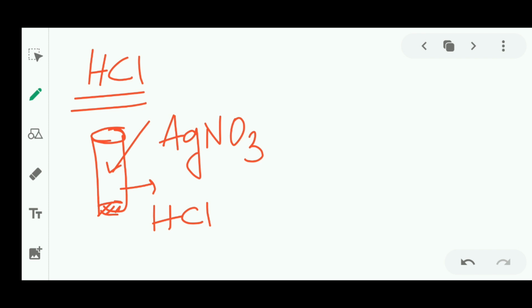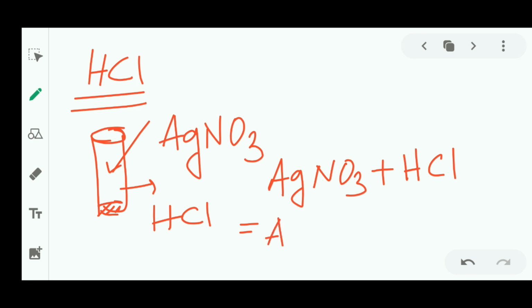So this proves that HCl is present in the solution. So what will be the reaction? When AgNO3, that is silver nitrate, is added to HCl, it produces AgCl.